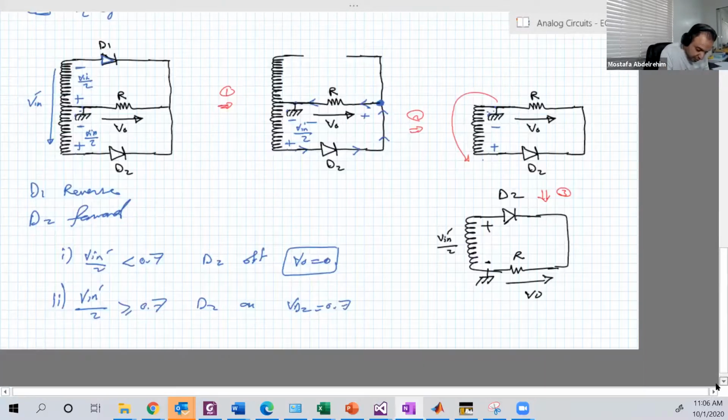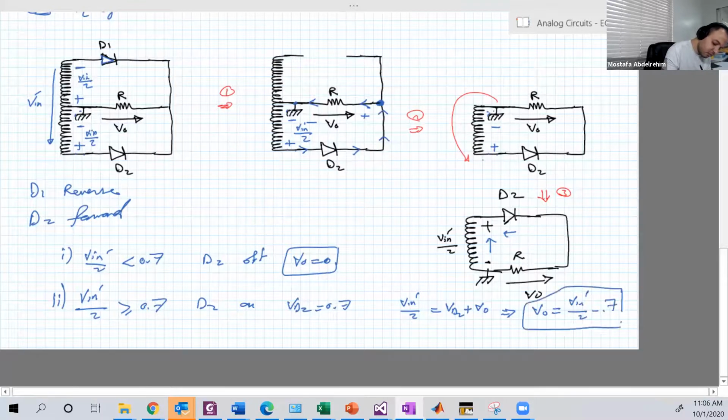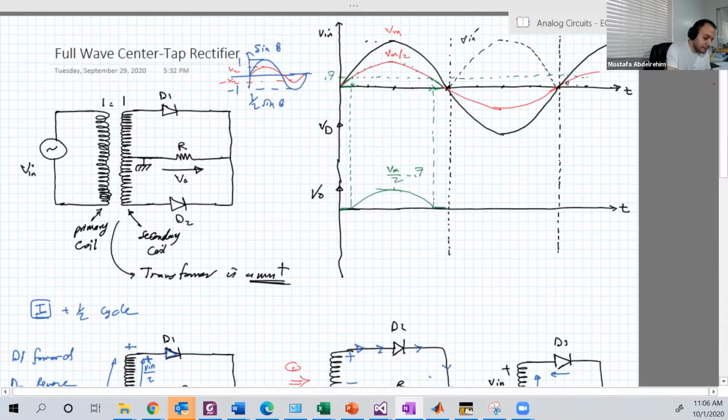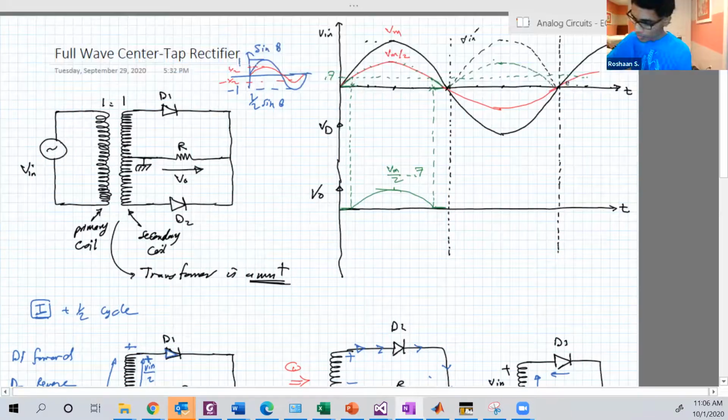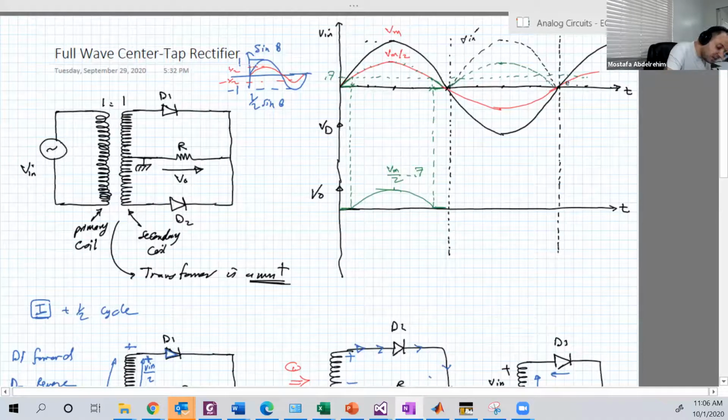Now let's do Kirchhoff. By Kirchhoff here we can say that V input dash over 2 is equal to VD2 plus VO. So VO is equal to V input dash over 2 minus 0.7. And let's draw that. This is V input dash, but we need V input dash over 2. When V input dash over 2 is less than 0.7, in that section and that section, the output is 0.